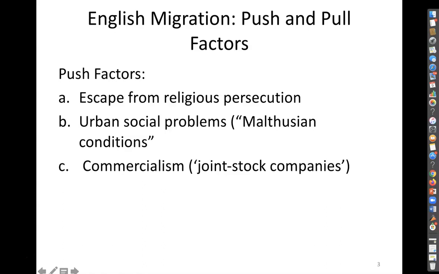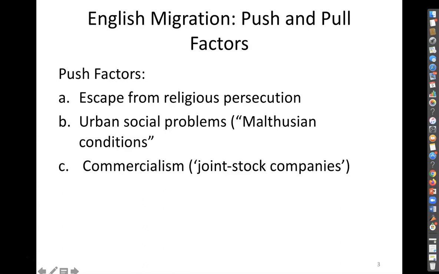Namely, that commercialism and culture, to be more specific, religion, are coexisting side by side as a push factor in English immigration, with the Puritan case, to be specific, in New England.